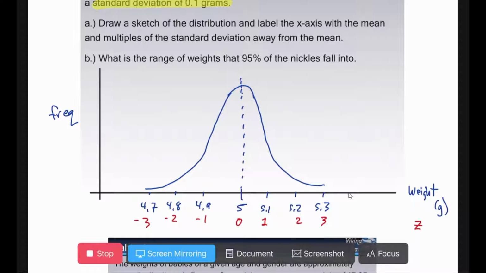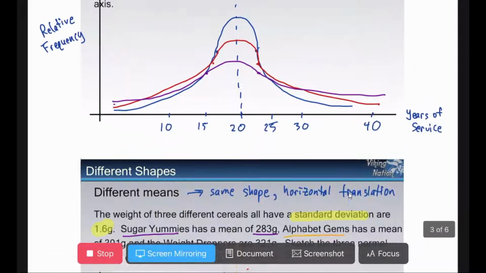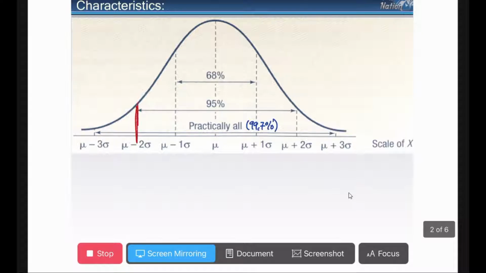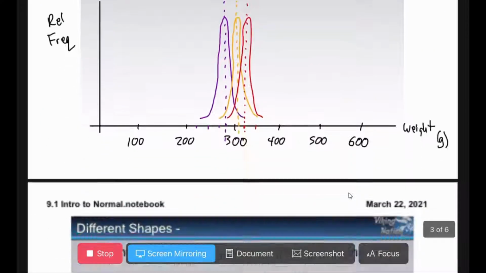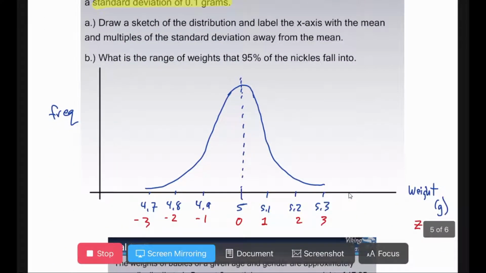What is the range of weights that 95% of the nickels fall into? Well, we just saw that. Let's go back and reconfirm. We know that 95% of the data fits within 2 standard deviations to the left and to the right. And so let's show that on our graph. 2 standard deviations to the left and to the right. So here and here.